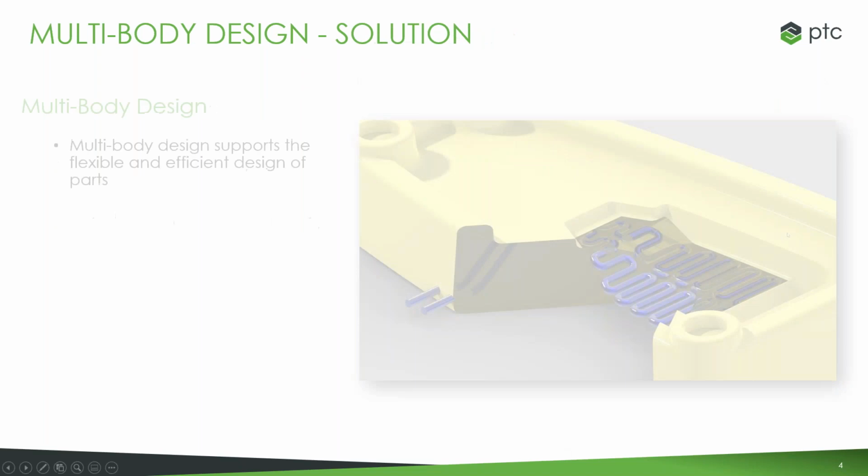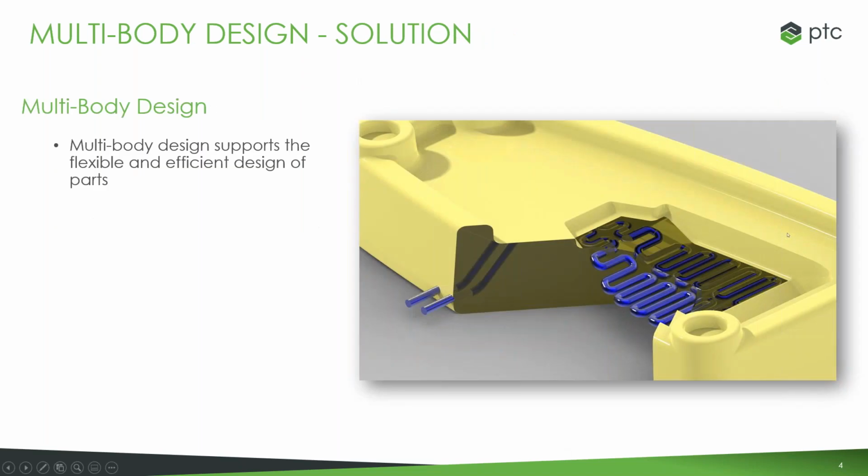So really one of the solutions here is multi-body design. And this is not a new concept in the design world, but it is new to Creo. It's not anything special that you're able to make that you weren't able to make before. You're still able to make everything using the traditional Creo techniques, but you now have this in your tool belt as well, and it really does support flexible and efficient design of parts.